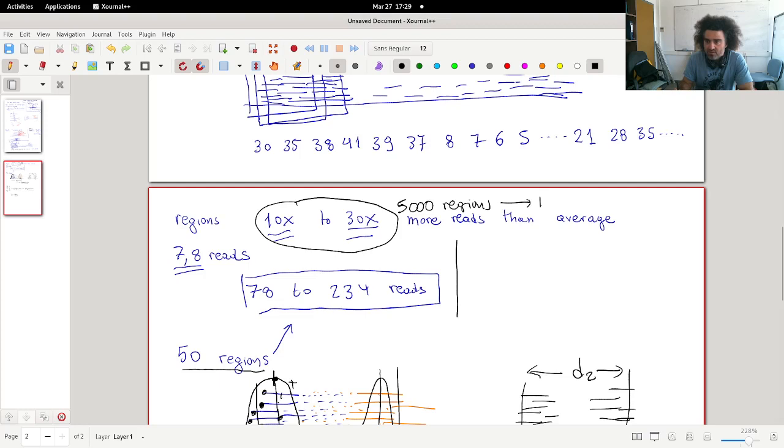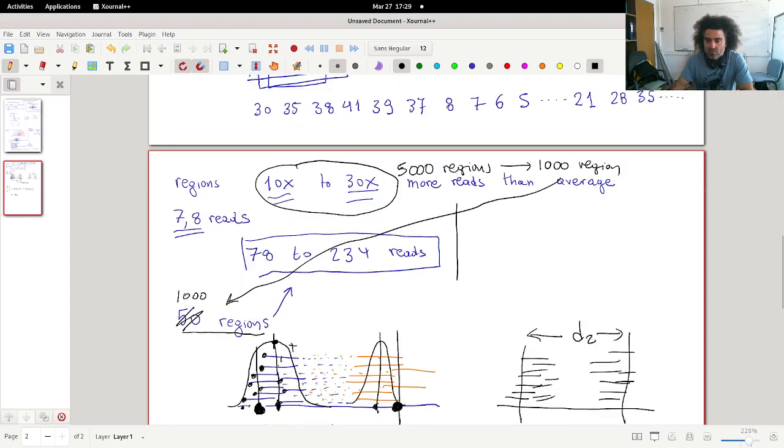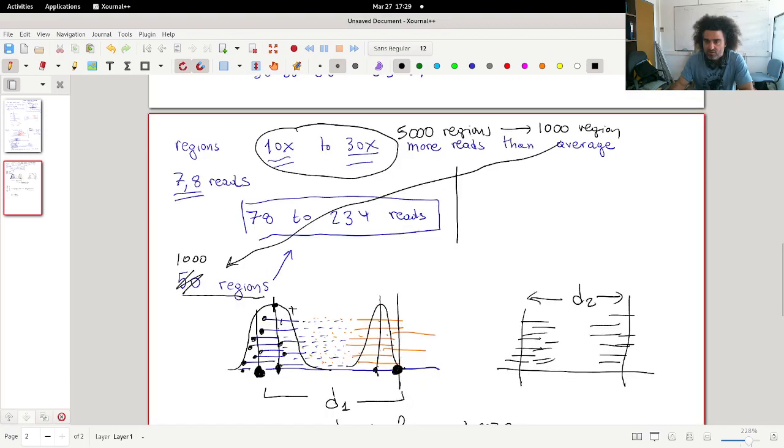It randomly selects 1,000 of them. So this 1,000 is this 50 that I used here, which all of them have 78 to 234 reads, so 10 times to 30 times more than the average.